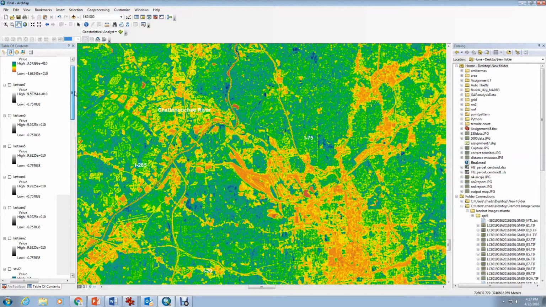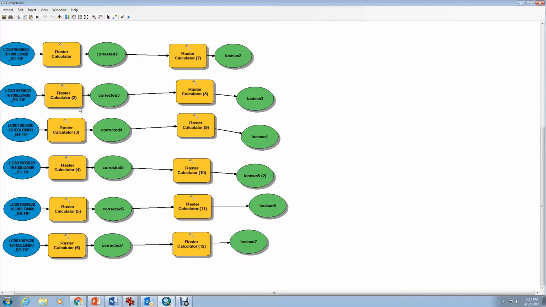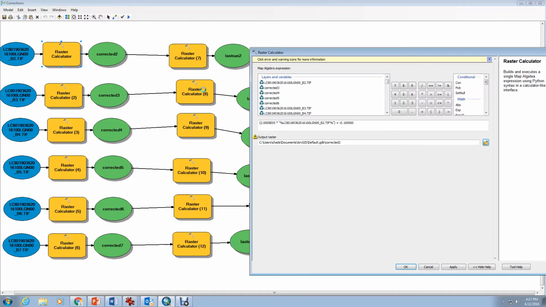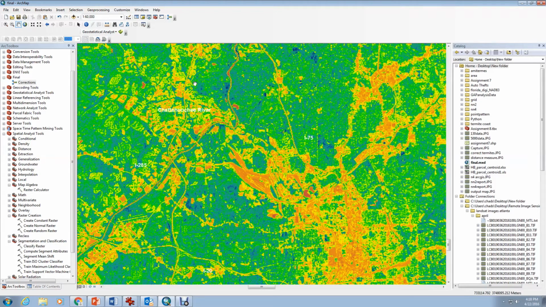And instead of typing all those in and using the raster calculator to do all that, I actually created a model here where I copied the raster calculator and just kind of changed, since all my names are very similar, I just changed the 2 to a 3 to a 4. And over here, change the 2 to a 3 to a 4 in the corrected output field there. So it generated all those at once for me.